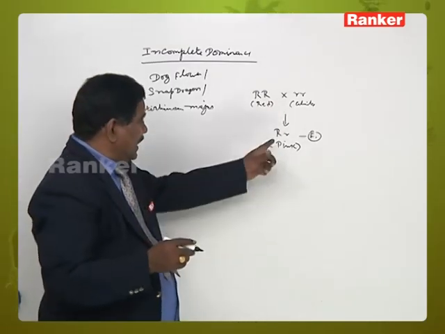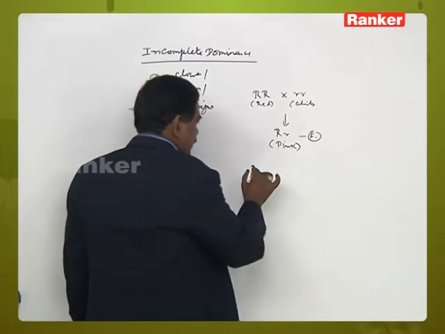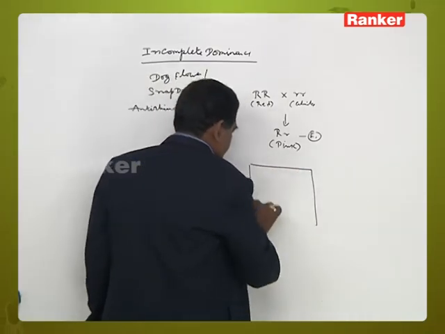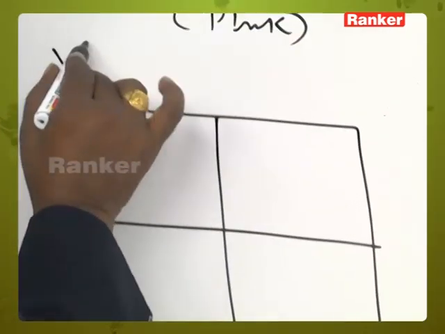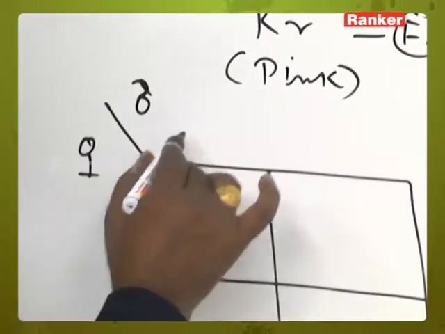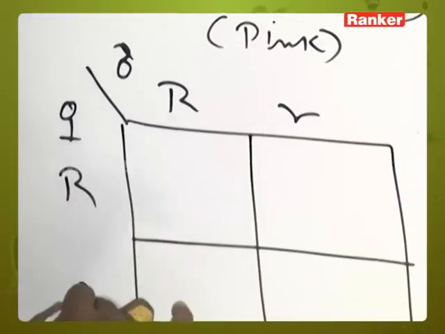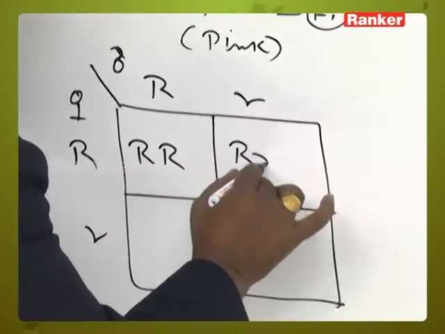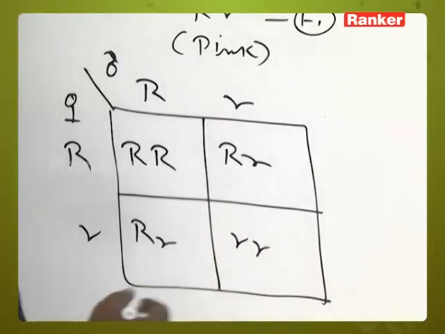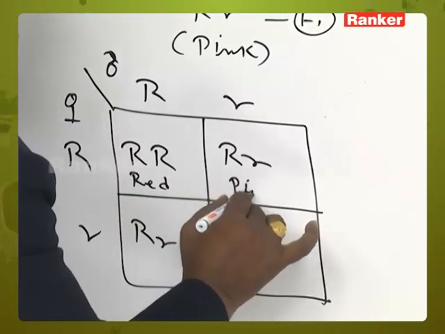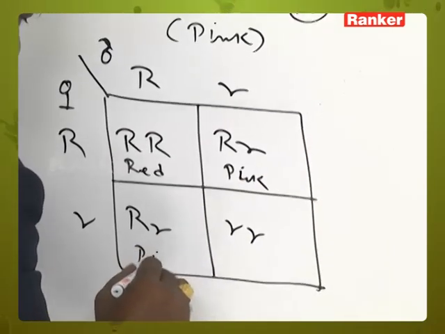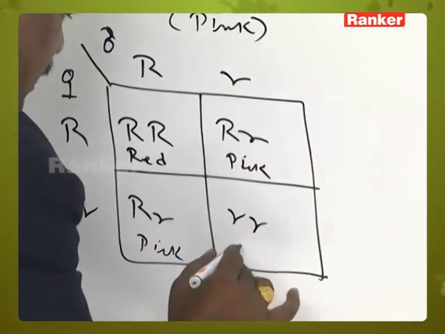When we self-fertilize this F1 generation, the possible outcomes are red, pink, pink, white.